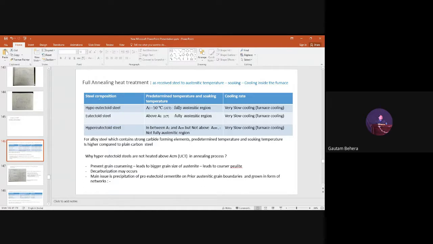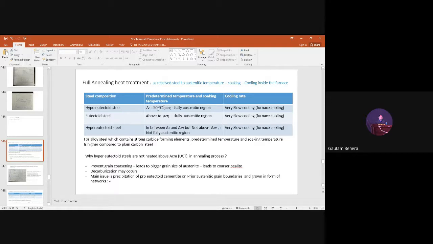So now there is an interesting table here. You can see this is steel composition, and here we have predetermined temperature and soaking temperature and cooling rate. For hypoeutectoid steel, the predetermined temperature and soaking temperature for this full annealing heat treatment is A3 temperature plus 50 degrees centigrade, right?